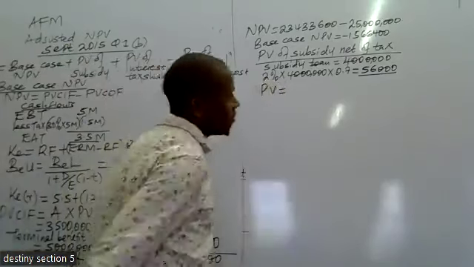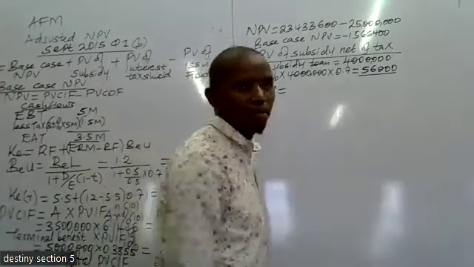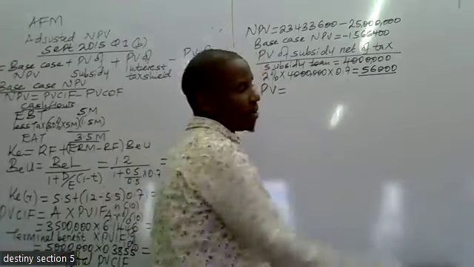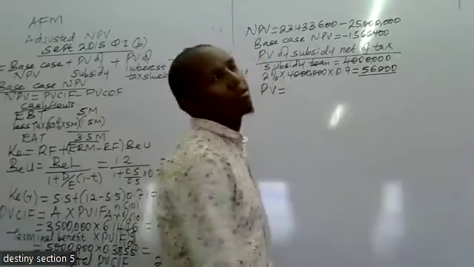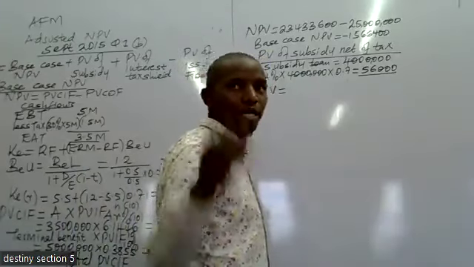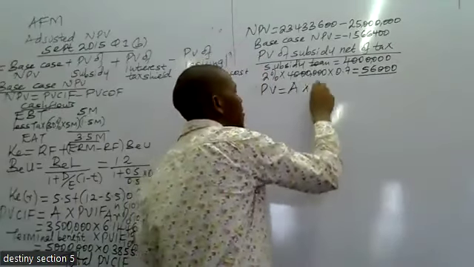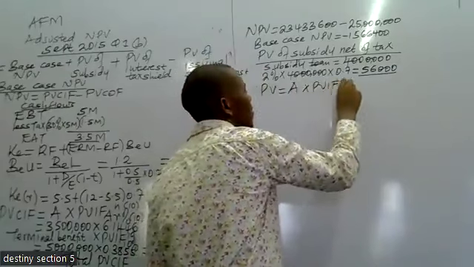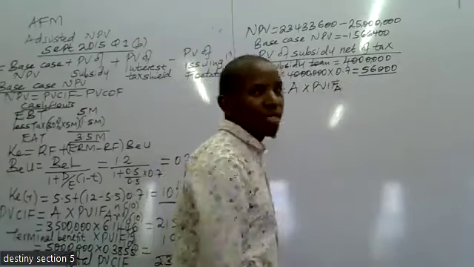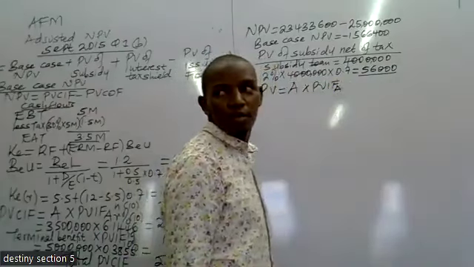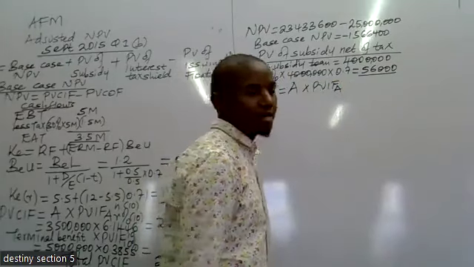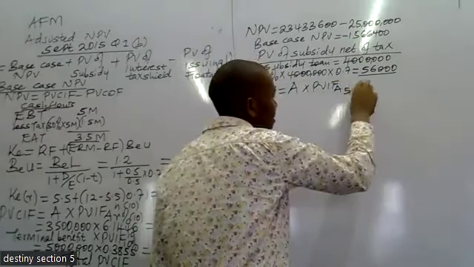Remember, this is also an annuity. The benefit will be 56,000 each year for 10 years. So it is an annuity, present value interest factor of annuity. But in this case, we said we discount them at what? The subsidy is at risk.